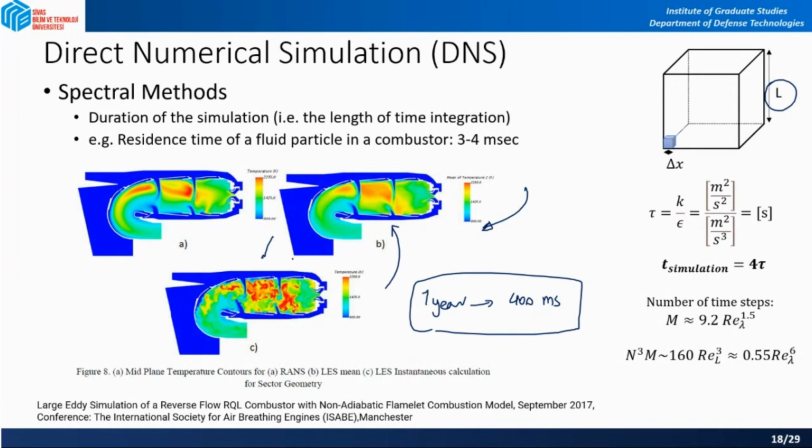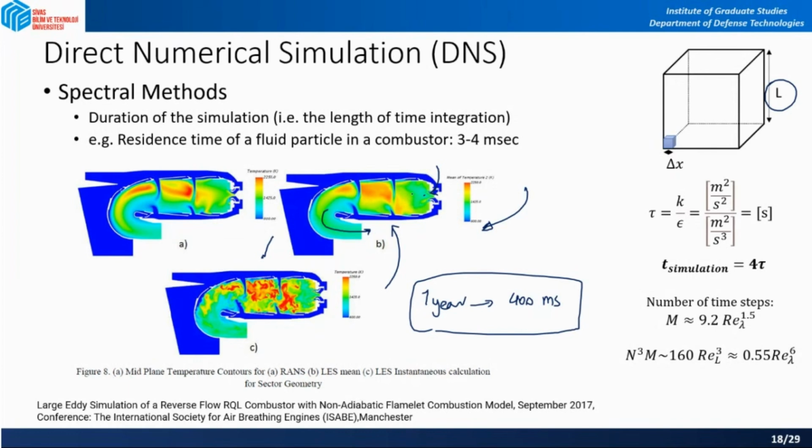For example, the time scale in a combustor flow field is the residence time, meaning that the fluid particle comes into the combustor and then leaves it. How long does it stay inside? It's about 3 to 4 milliseconds, the residence time of one fluid particle.